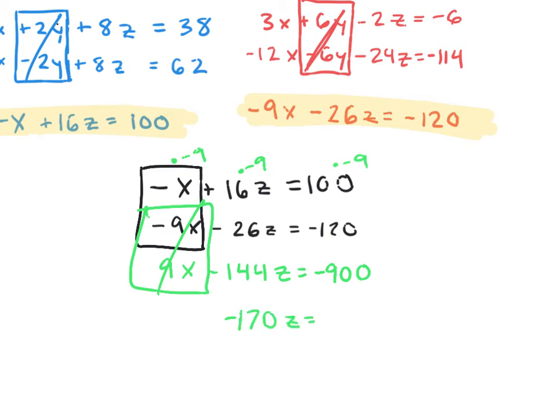Negative 1020. So now we divide both sides by negative 170. Okay, hopefully this is an even number. Oh, thank goodness. Z is equal to 6. So we found our z, yay.